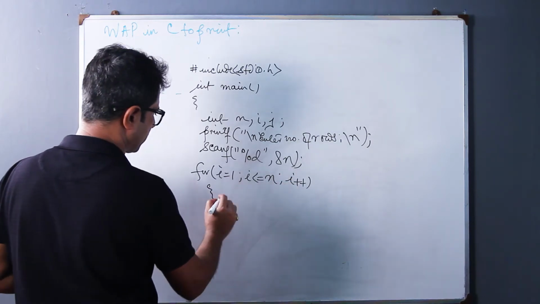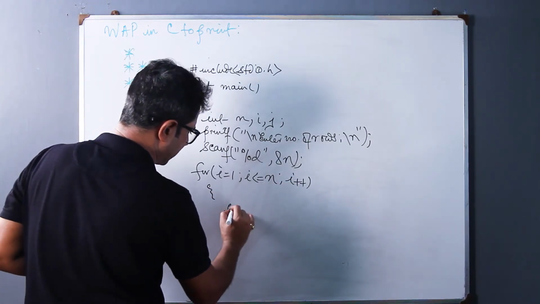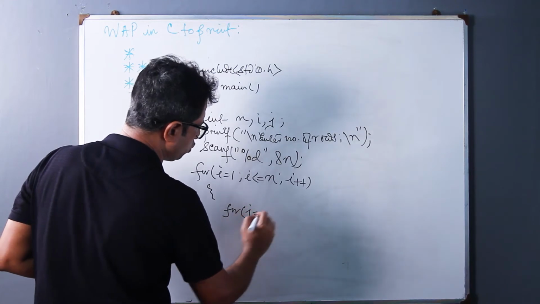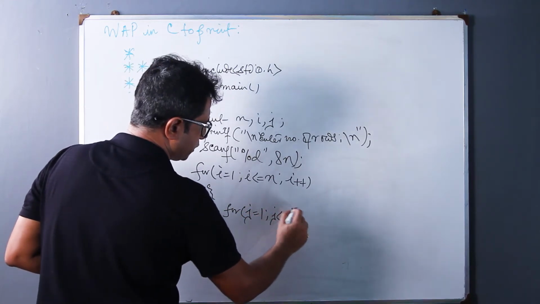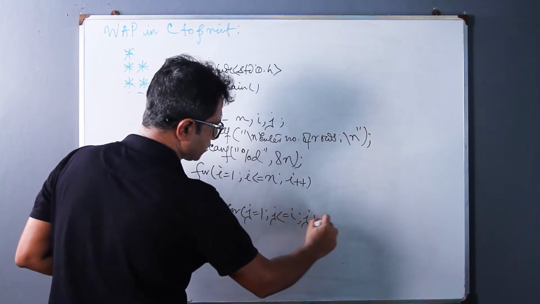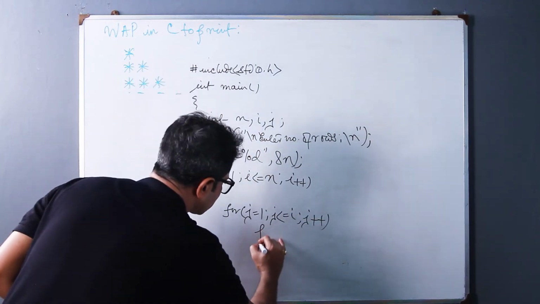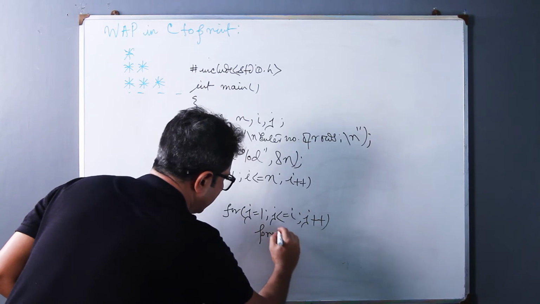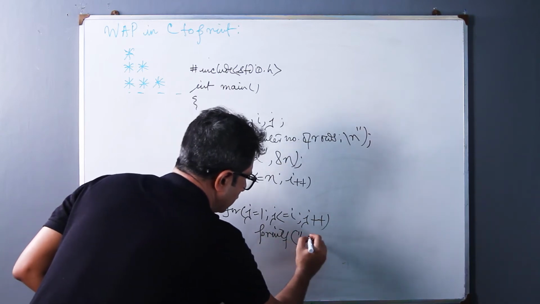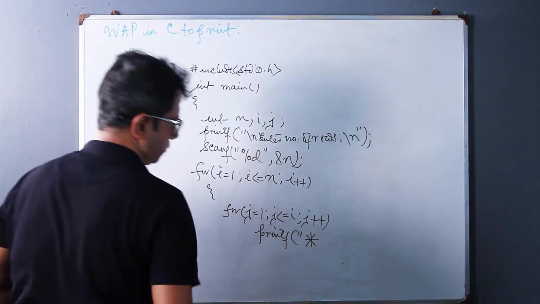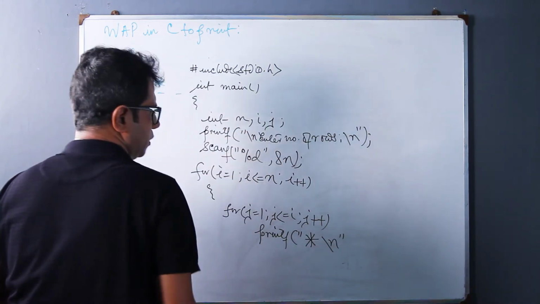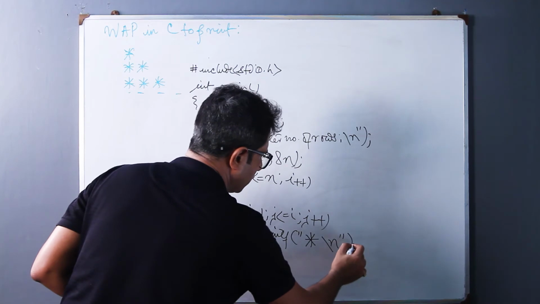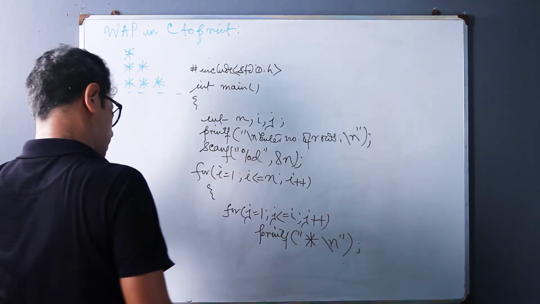After that we come to the inner loop section. For j is equal to 1, j less than equal to i, j plus plus, and we are going to print the star or the asterisk. Printf "star and then a tab", and then we conclude this line.